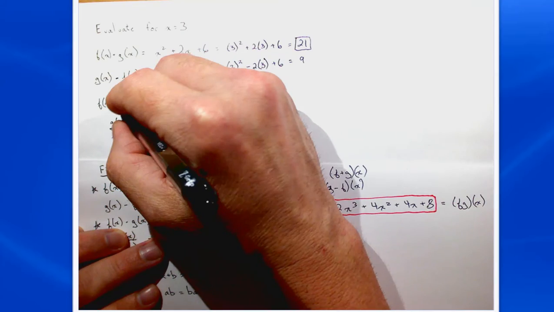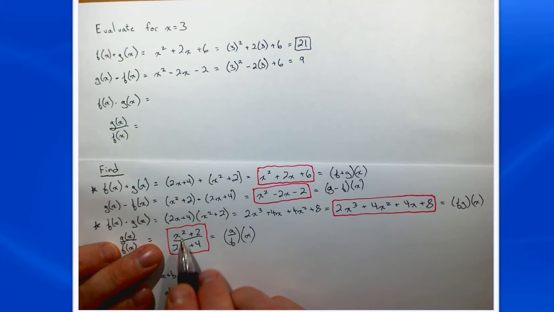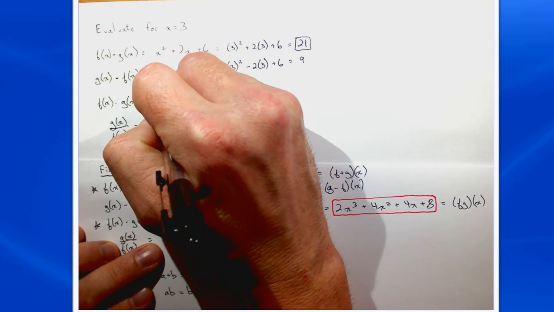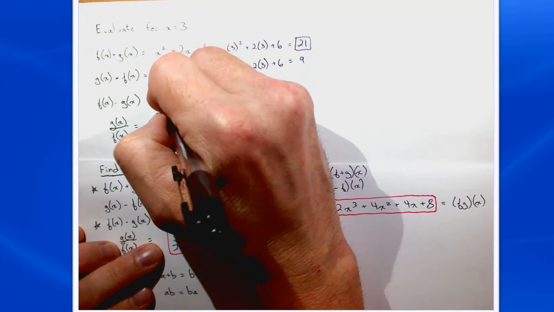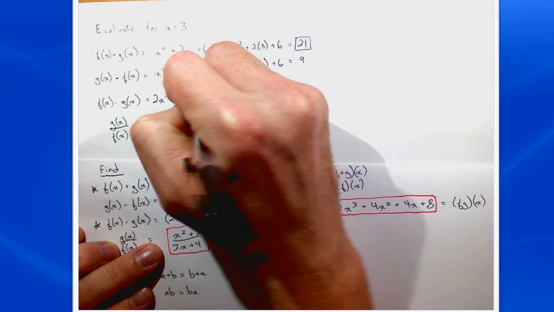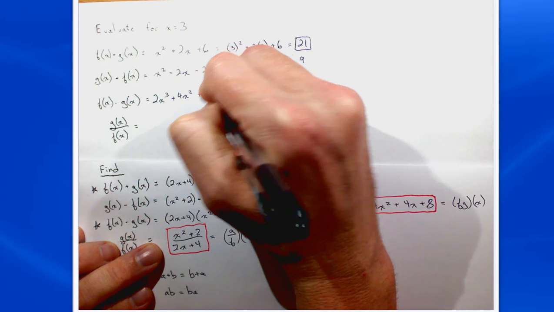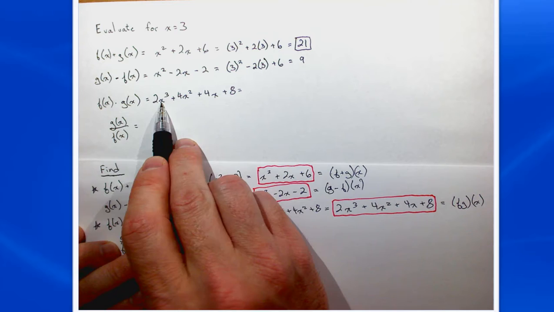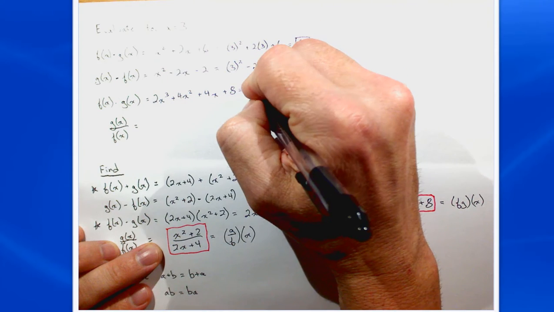And then I have my f of x times g of x. Two x cubed plus 4x squared plus 4x plus 8. And again, I'm evaluating for x equals 3, so everywhere there's an x, I'm plugging in a 3.